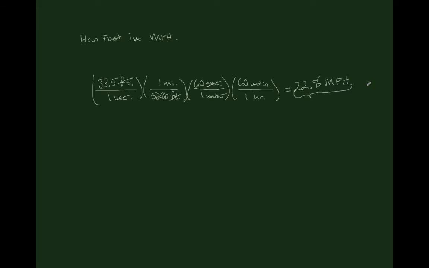All objects accelerate at the same rate if you neglect things like air resistance and so forth, or accelerate at a constant rate, I should say. So anyway, I would have hit the ground at 22.8 miles per hour. That's pretty fast. That would hurt and break bones. So be careful when you're on ladders. That's kind of the moral of the story, I guess, or one of them.